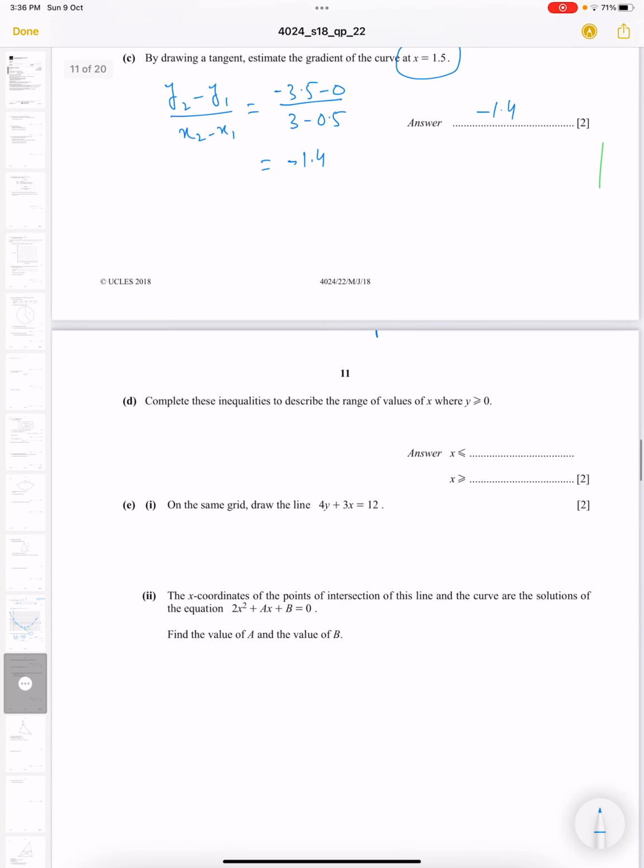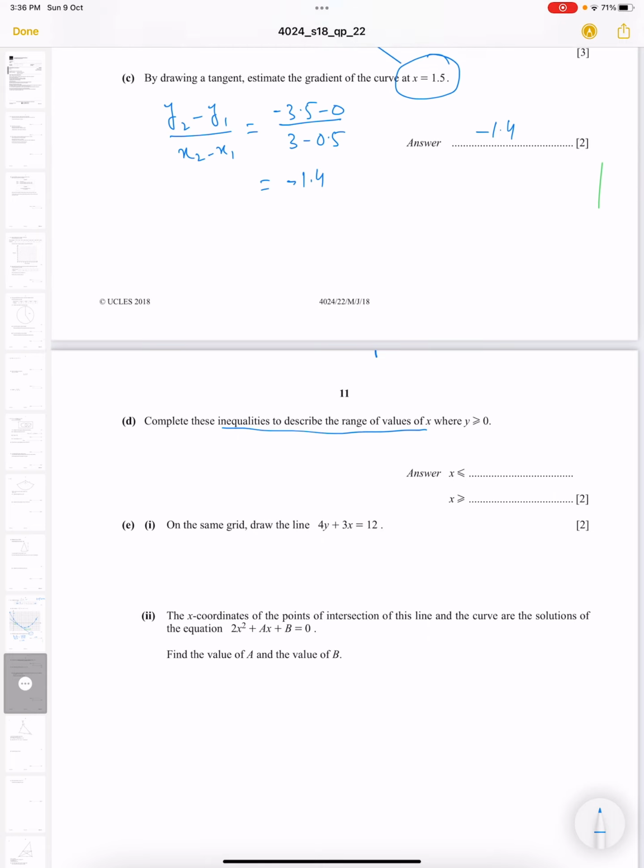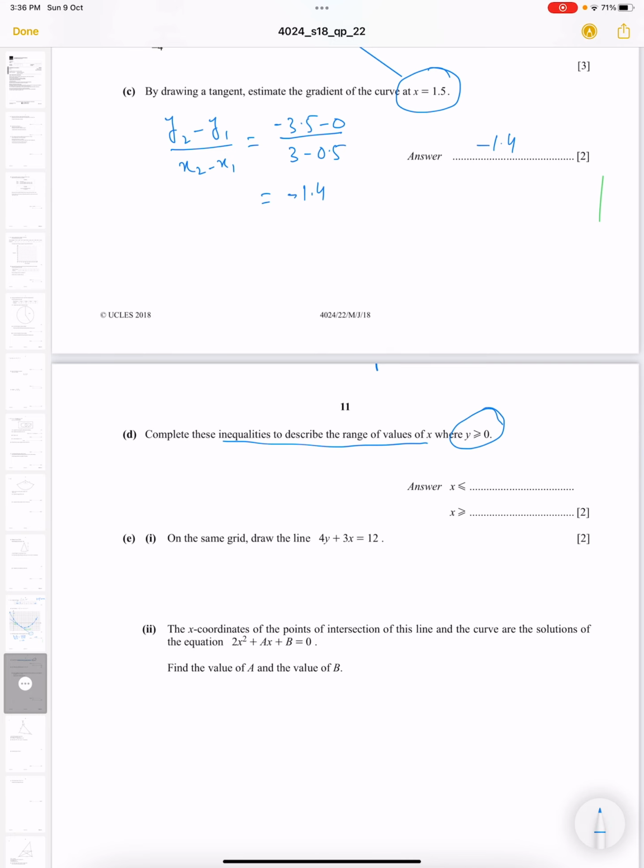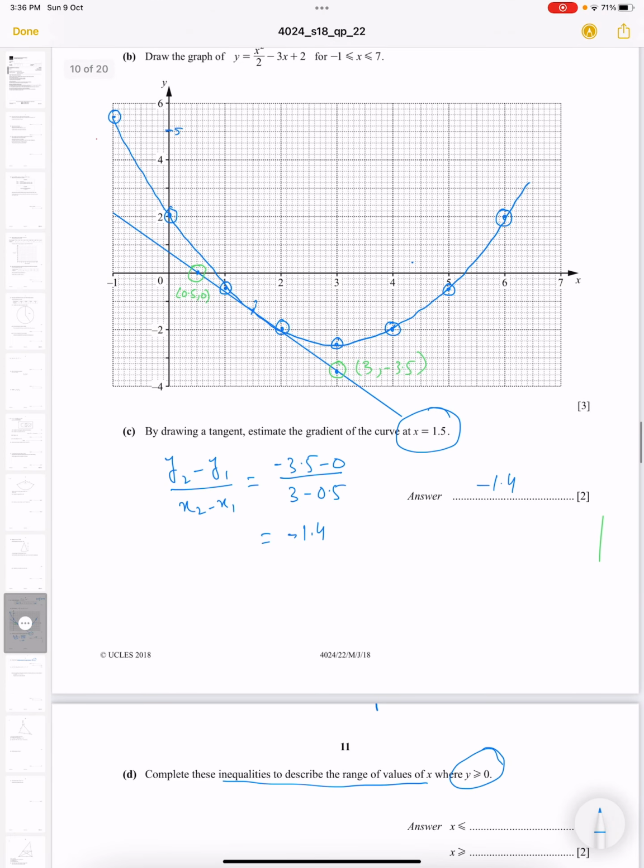Now the next part, complete these inequalities to describe the range of values of x where y is greater than or equal to 0. Y greater than or equal to 0 means the part of graph where y is positive. We know that y is positive above x-axis. This line is the x-axis line. So above this line, the part of graph will show that y is positive.